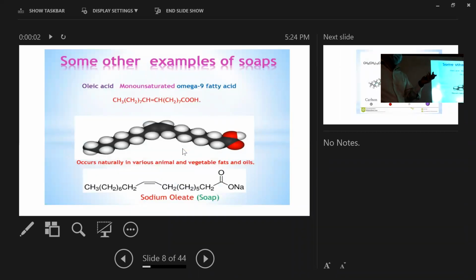Some other examples of soaps: oleic acid, a monounsaturated omega-3 fatty acid. All of you are familiar with the word omega-3 fatty acid, is it? Yeah. And it has a little bit higher cost compared to any other, maybe soybean oil or some mustard oil.